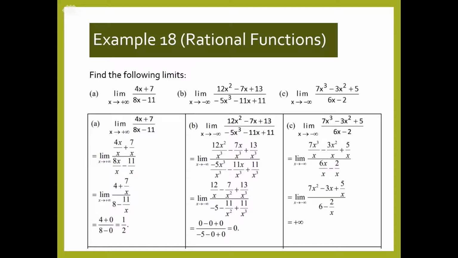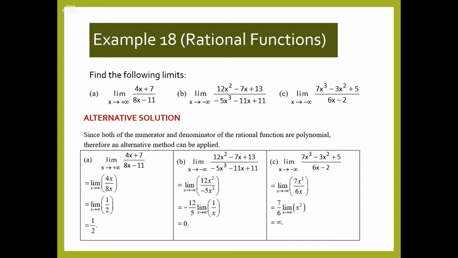For c, the highest degree of x in the denominator is 1. By dividing both numerator and denominator by x, simplify, then replace x with infinity, you will get positive infinity as the final answer.